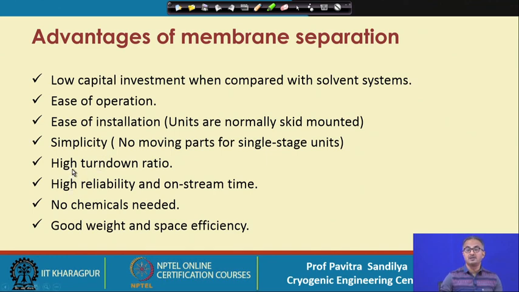Then they have a high turndown ratio, that is the ratio between the highest and the lowest feed rate they can handle. Then high reliability and on-stream time, and we do not need any chemicals, and they have good weight and space efficiency, that is, they do not occupy much space and they are not very heavy.